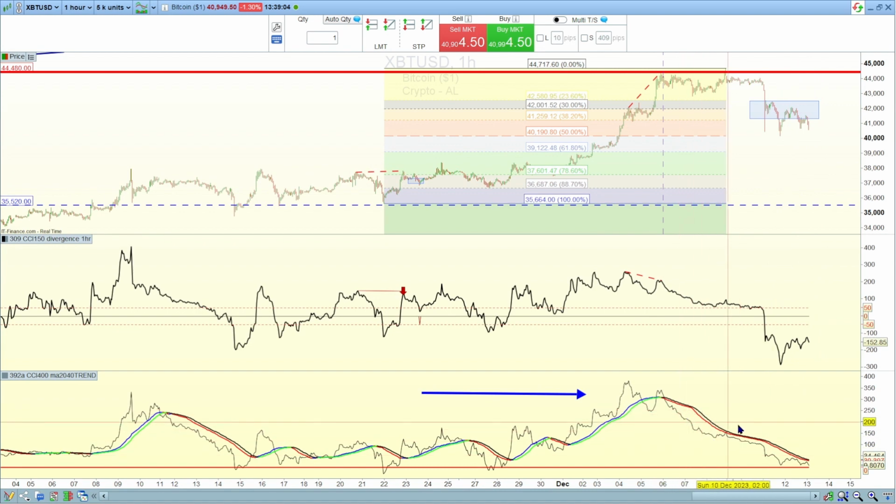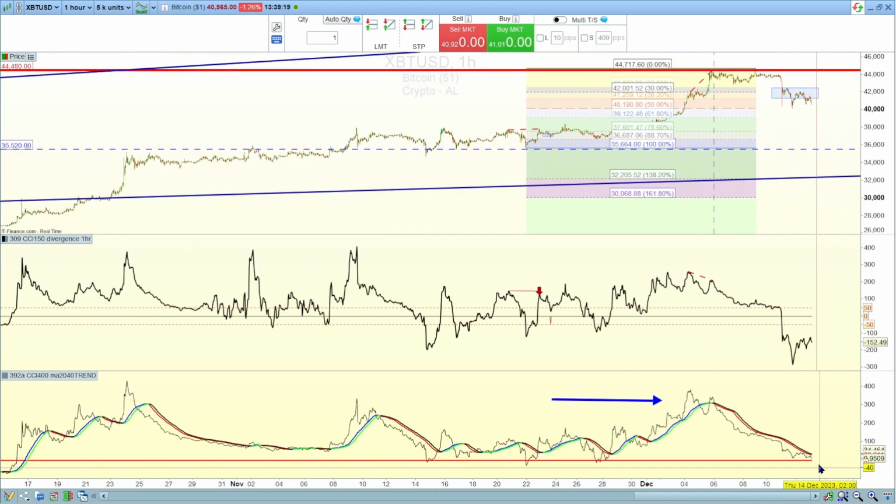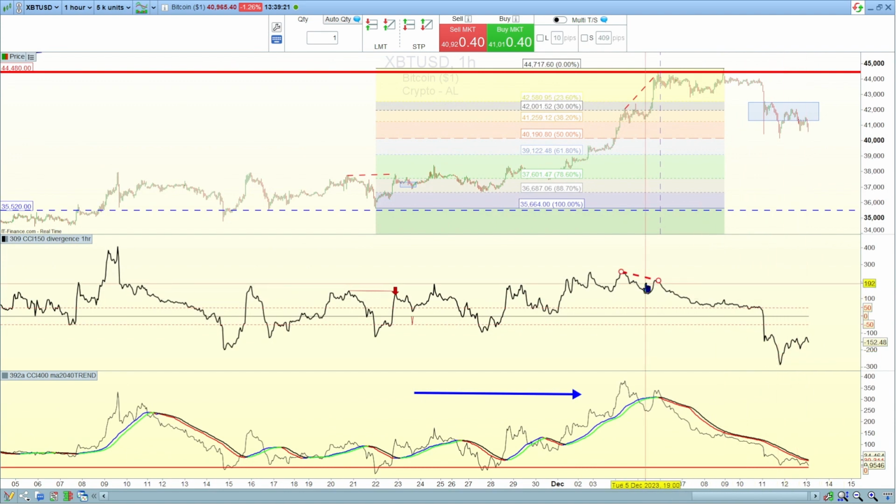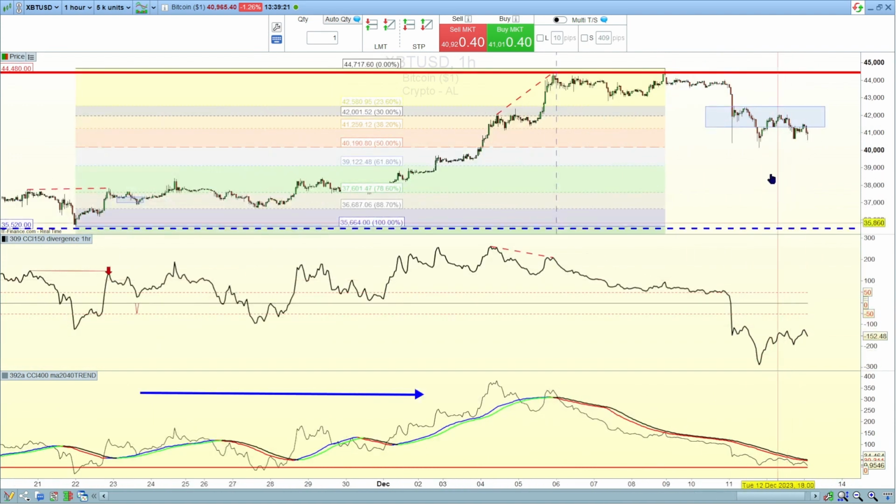You can see there the CCI 400, the trend indicator, is still declining and approaching the zero line of that CCI 400. The CCI 150 has bounced up from that point there. Now it's not really a divergence because those highs are higher than that point there.